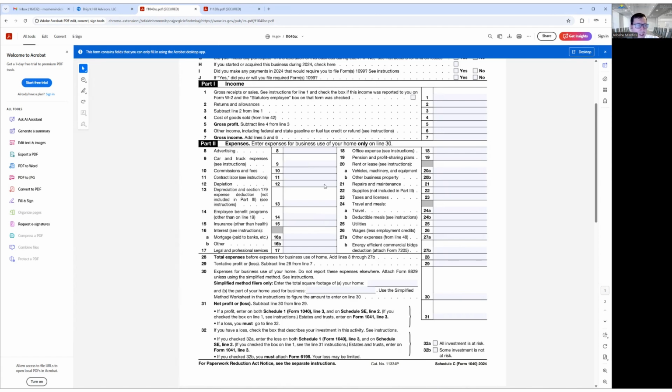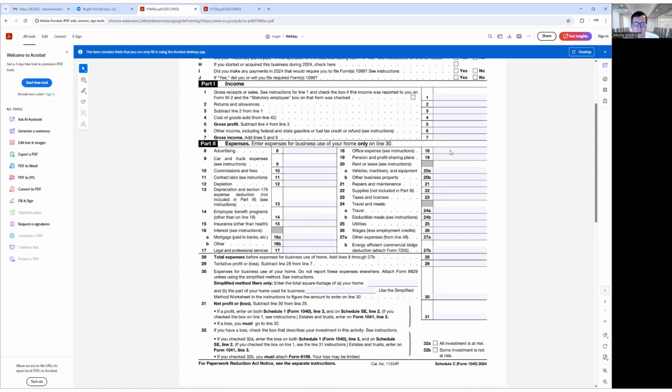Commissions and fees, contract labor, depletion, you'll never see that unless you're in some kind of oil and gas company. Depreciation, let your accountant figure that part out. That's when you have fixed assets. Employee benefit programs, if you have staff, if you have salary, meaning you actually do wages on a W-2. Insurance other than health, interest, mortgage paid to banks, legal and professional services, office expense.